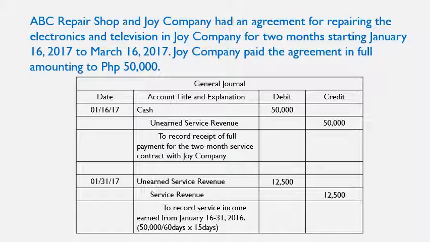You can see it here in our explanation. Okay? So the 50,000, we divide it by 60 days. 60 days is equivalent to 2 months.